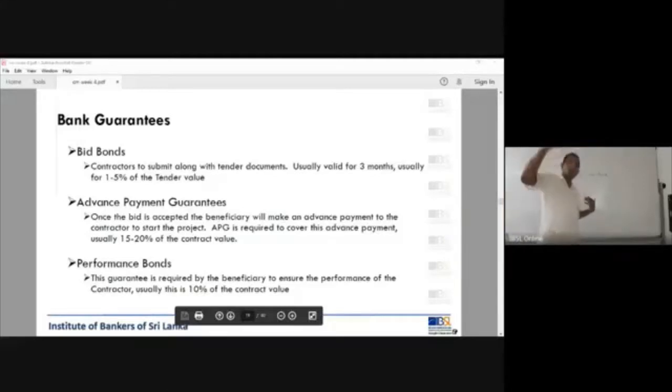Like I want to build a road from Colombo to Jaffna. UDA has asked interested parties to say what is the amount and time and all those things, right?